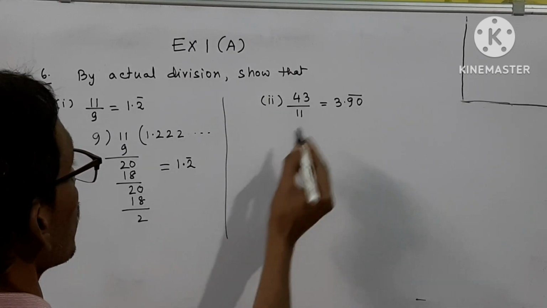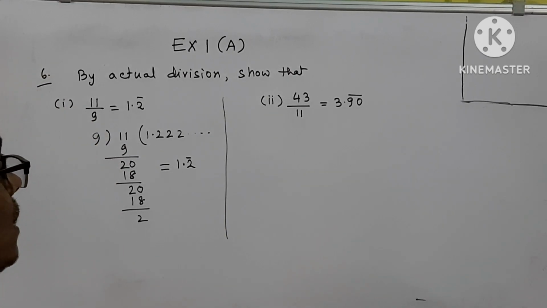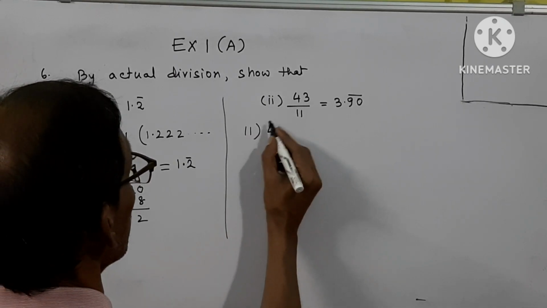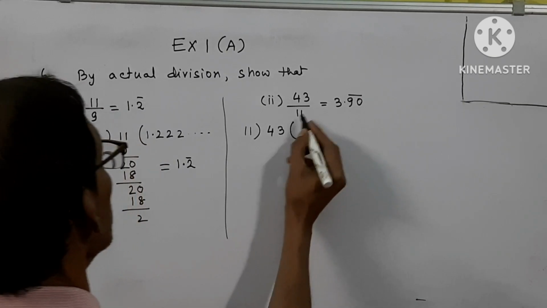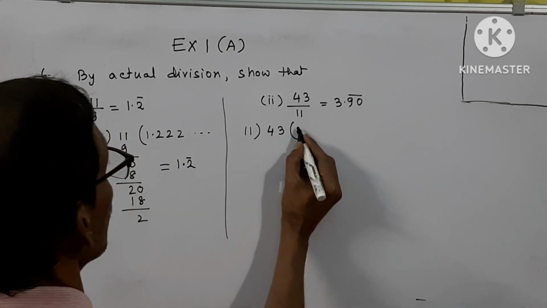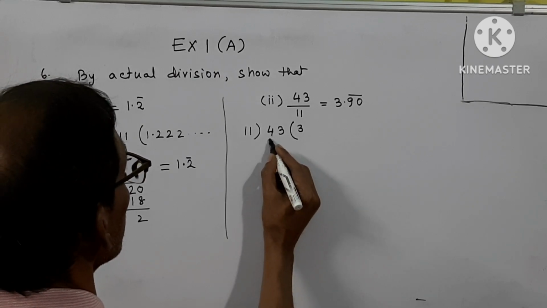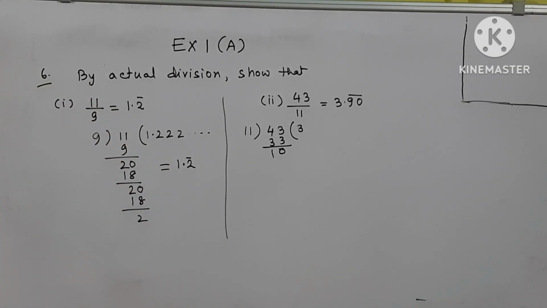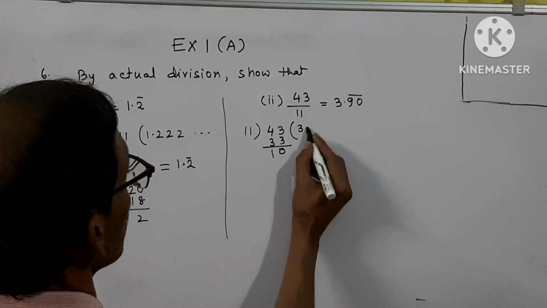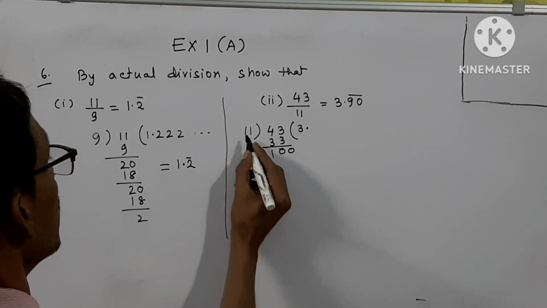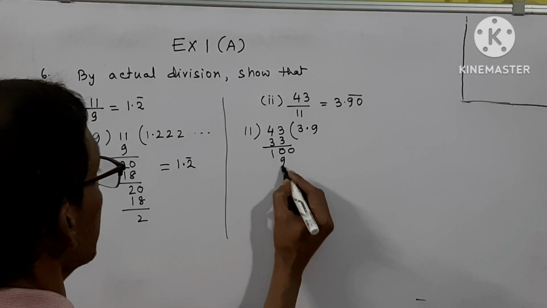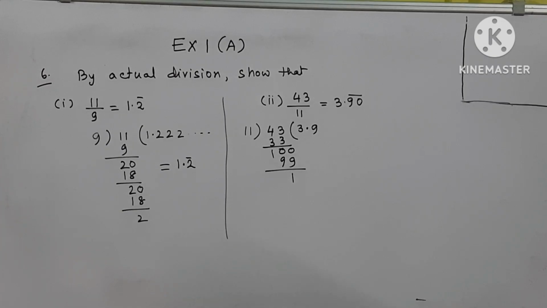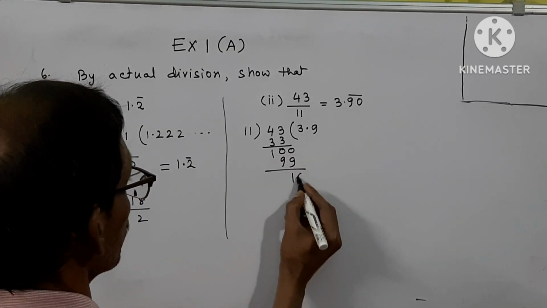Let's do this also. 43 by 11. You are dividing 43 by 11. 3 11s are 33. Remainder 10. Now you have to put a decimal and 0. 9 11s are 99. Then 1. Now the point is there, so put 0.